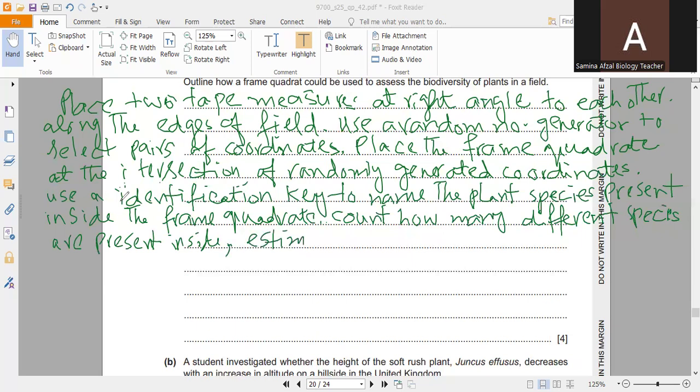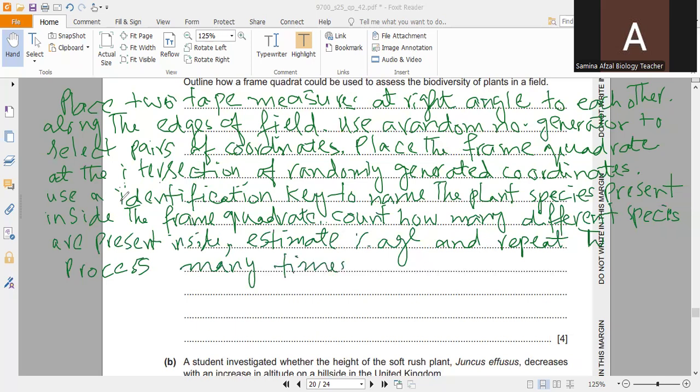Estimate the percentage cover, and repeat the process many times, and calculate the mean.